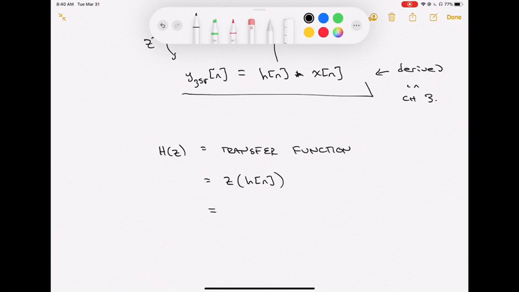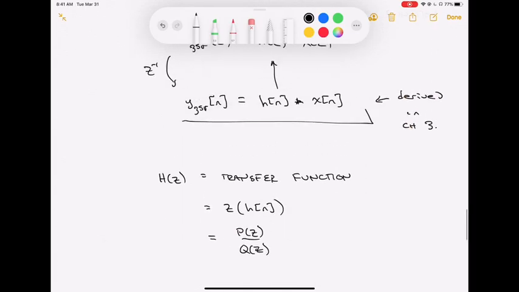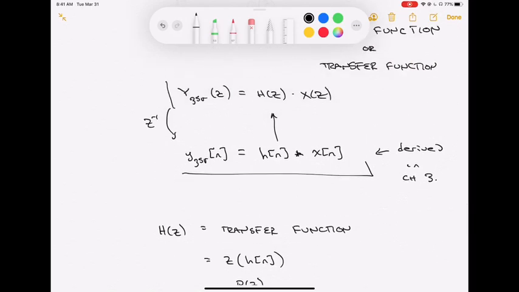We know that we could also get it just as this ratio of polynomials that come directly from our difference equation. And we could also get it by just solving this equation for H of z.